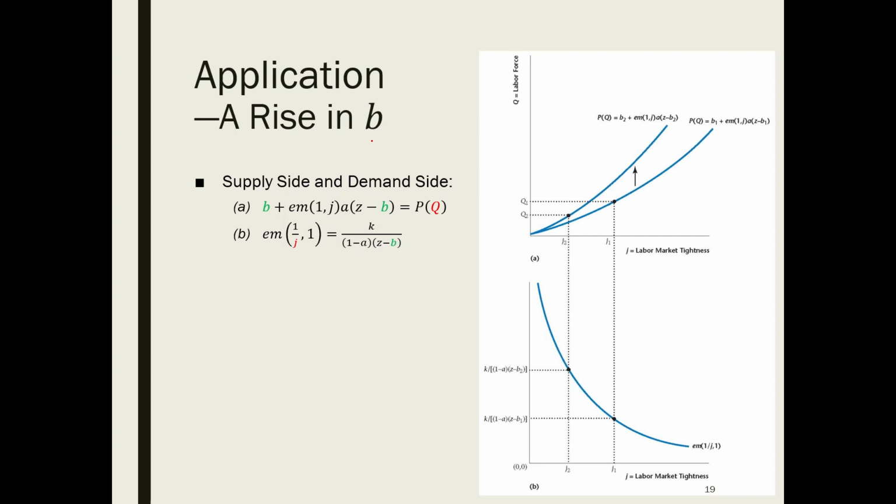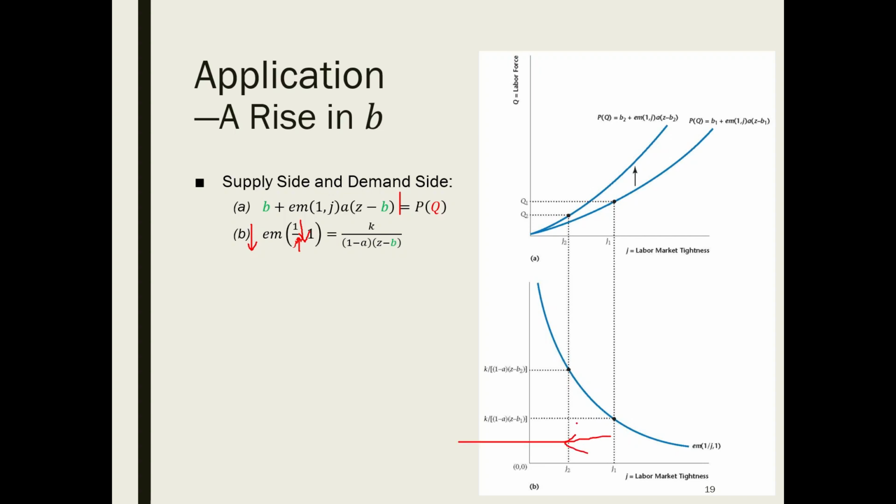Looking at the two condensed equations, B appears in both. When B rises, minus B drops. The entire term on the right-hand side of the second equation rises. As a result, the equilibrium job tightness J drops from J1 to J2.